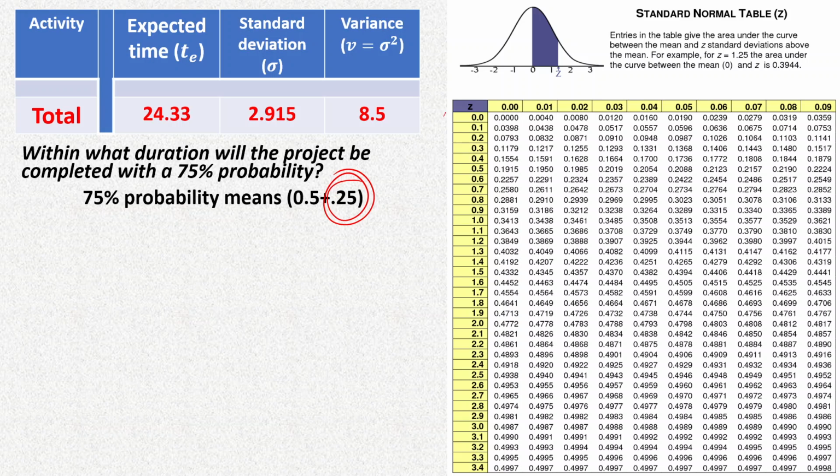Now instead of looking at the axis, we'll have to look at these values, because the axis will give us only the z values. Now we do not know the z value, we know the area, which is 0.25. So 0.25 will be somewhere around here between these two values, 0.2486 and 0.2517.